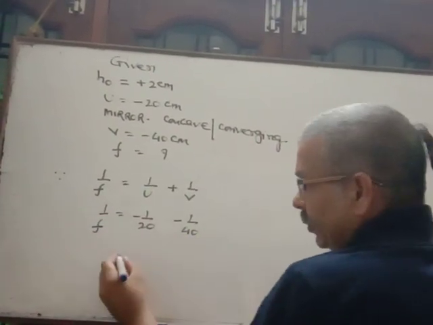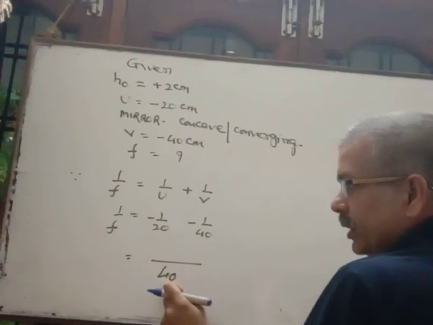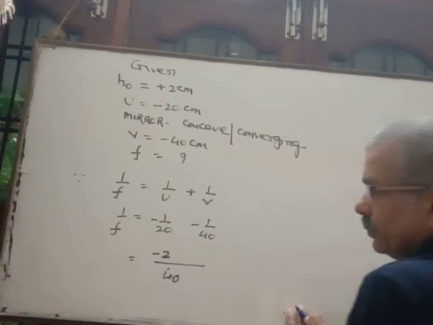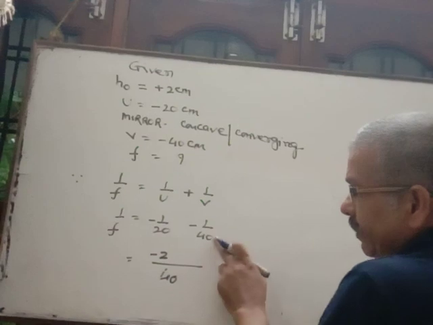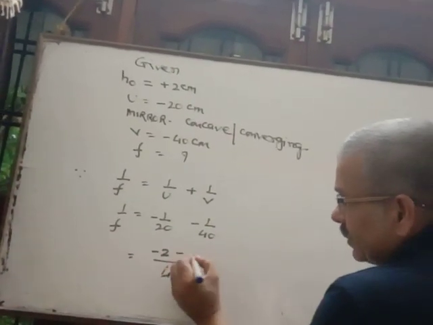LCM of 20 and 40 is 40. 20 twos are 40, 2 into minus 1, it is minus 2. Then 40 divided by 40, that is 1. 1 into numerator 1, it is 1.